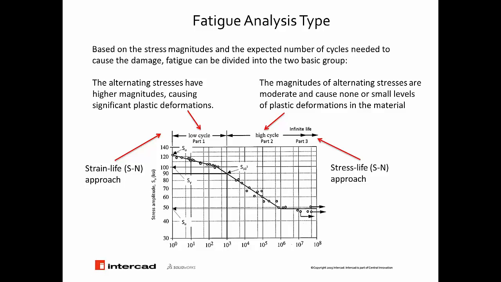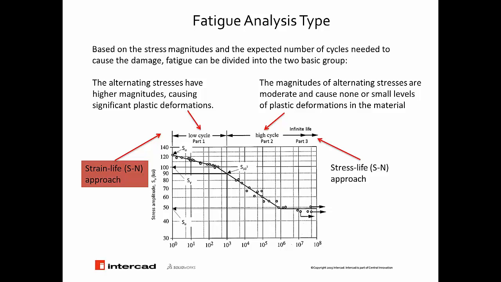Now we come to a very important slide here. We'll be talking about fatigue analysis types. Based on the stress magnitudes and the number of cycles needed to cause the damage, fatigue can be divided into two basic groups. First is low cycle. In low cycle, we have alternating stress with higher magnitude, and it is causing significant plastic deformation.